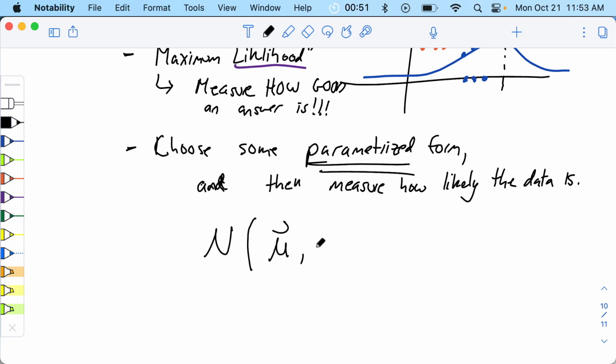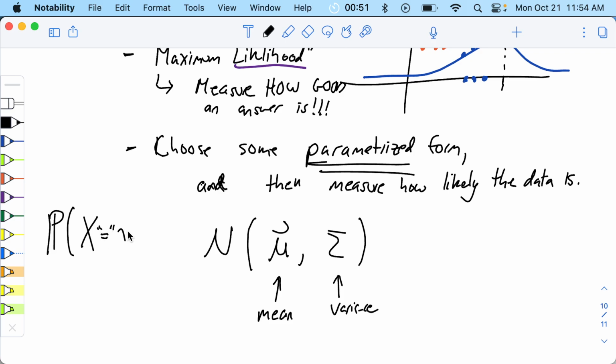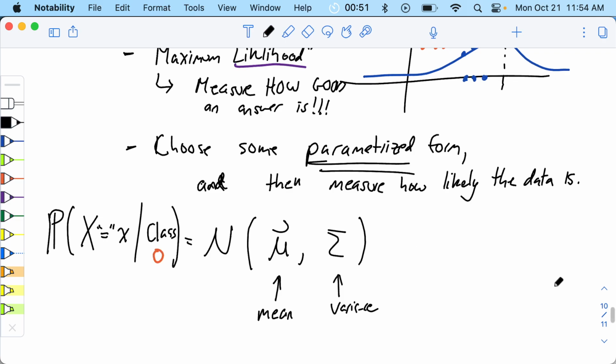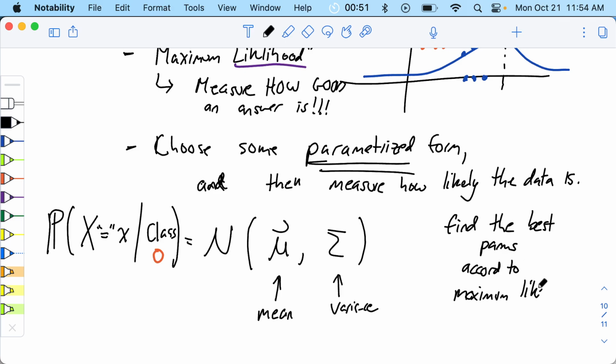So have some mean and some variance. Then say that the probability, and again, this is actually probability density, but I'm going to put equals in quotes, given class, let's say orange, let's pretend that's a Gaussian, and we just find the best parameters according to maximum likelihood. This is actually an idea we've seen before.